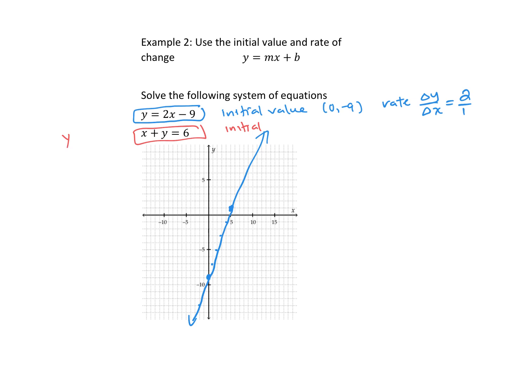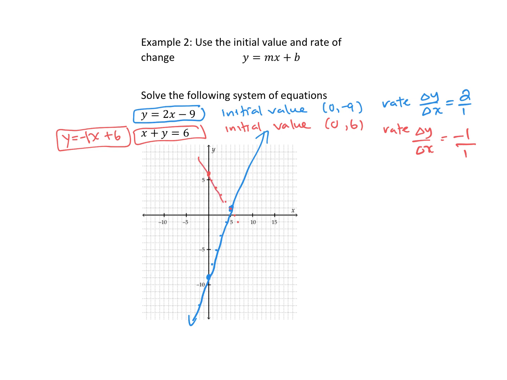We need to rearrange this one. We want the y by itself, so we'll move the x to the other side. So the initial value is 6. So 0, 6 is on that line, and then the rate, or delta y over delta x, is negative 1, right? There's a negative 1 here. So that's over 1. So that means from this point, every time we increase x by 1, we go down 1. And then we would just keep doing this until we crossed the other line.